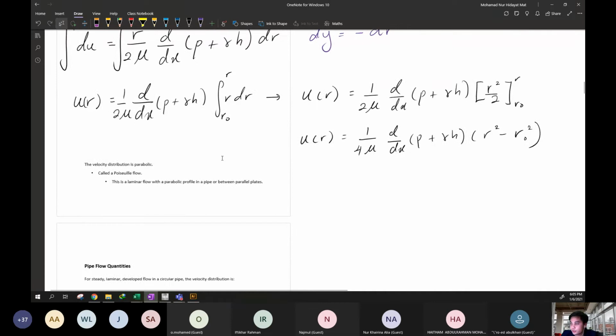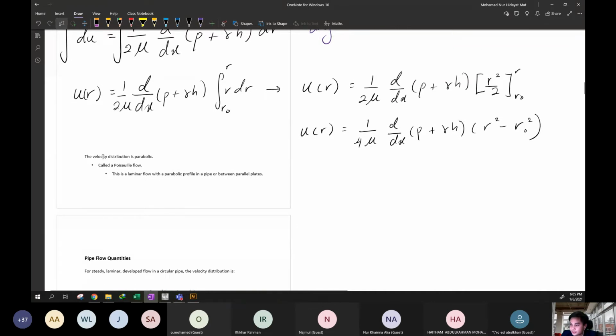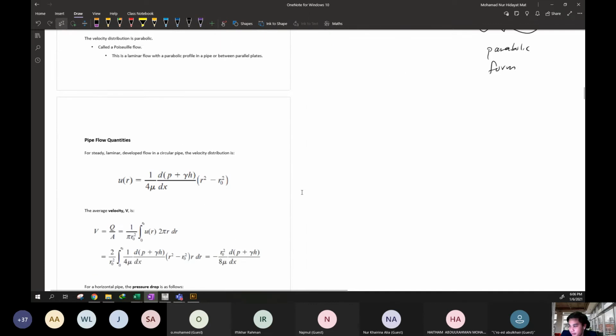So the final form of the velocity distribution is parabolic. You can see this is the parabolic form, because we have radius minus radius. Sometimes this equation we call a Poiseuille flow. This is the laminar flow with the parabolic profile in the pipe or between parallel plates.